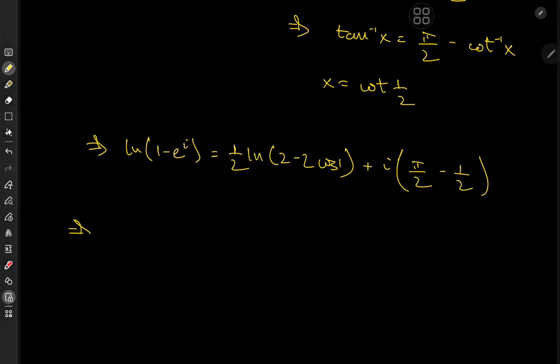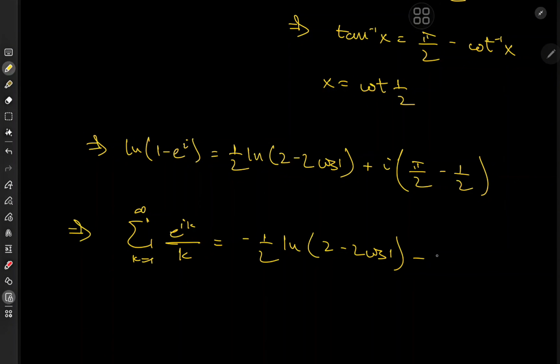So we do know that this thing is equal to the sum over k from 1 to infinity of e to the I k over k. So this is negative 1/2 the logarithm of 2 minus 2 cosine of 1 minus or plus I times 1/2 minus pi over 2.